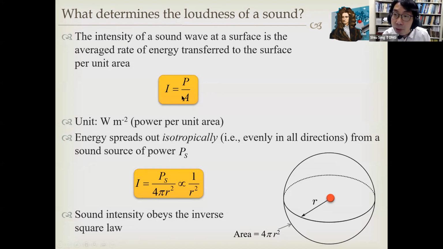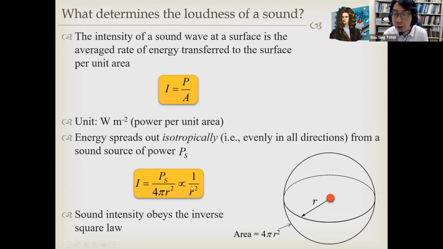By our definition, the loudness is the total power divided by the area. So it's P_S divided by 4 pi r squared. But the power is a property of the source, so it is a constant. Then if I go to a farther distance, r will increase, and the loudness of the sound will decrease as 1 over r squared.